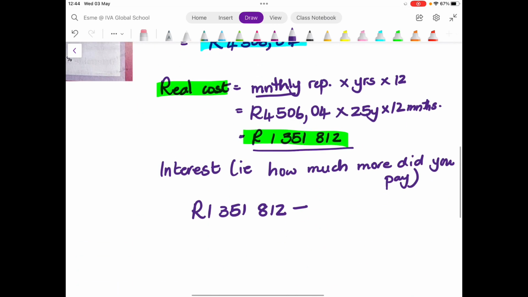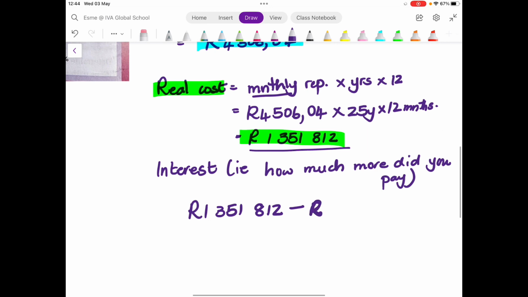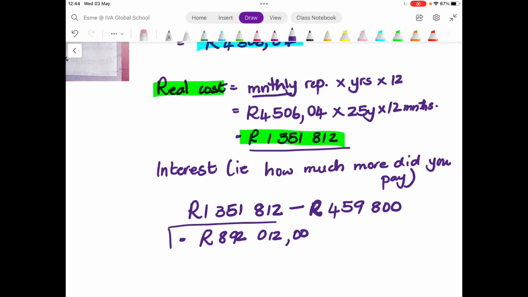So we're going to minus 459,800, and if I subtract those, I am going to get 892,012 rand. So that is the interest that has been paid, or that is how much the bank earned from you by taking out that loan.